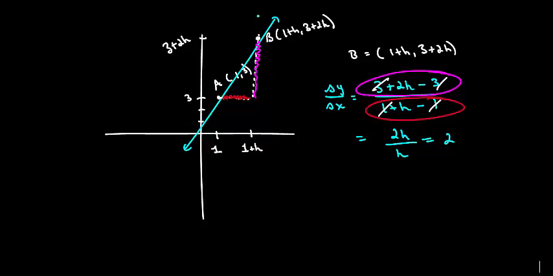However, we have to be careful. If h is equal to 0, then there is no slope. Why? Because if h is 0, you have to divide by 0. Okay, so that can't be done, right? Because that's undefined.